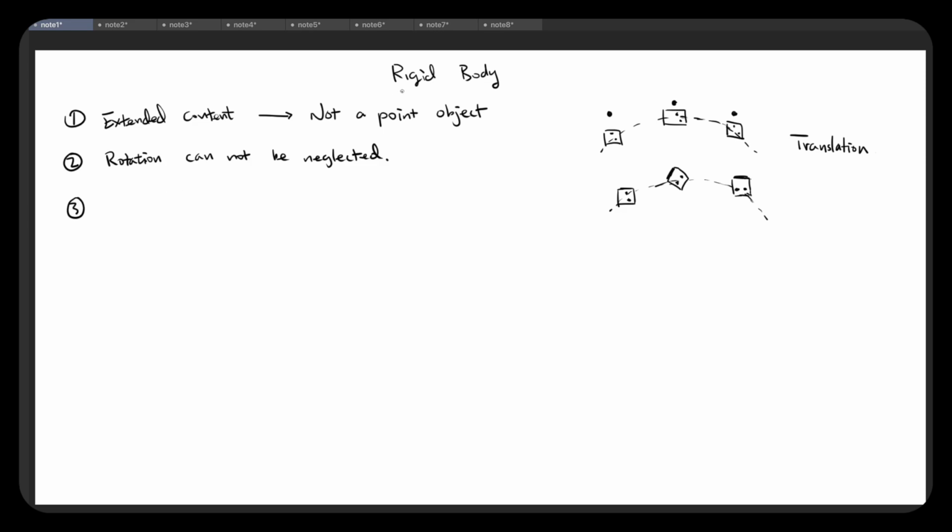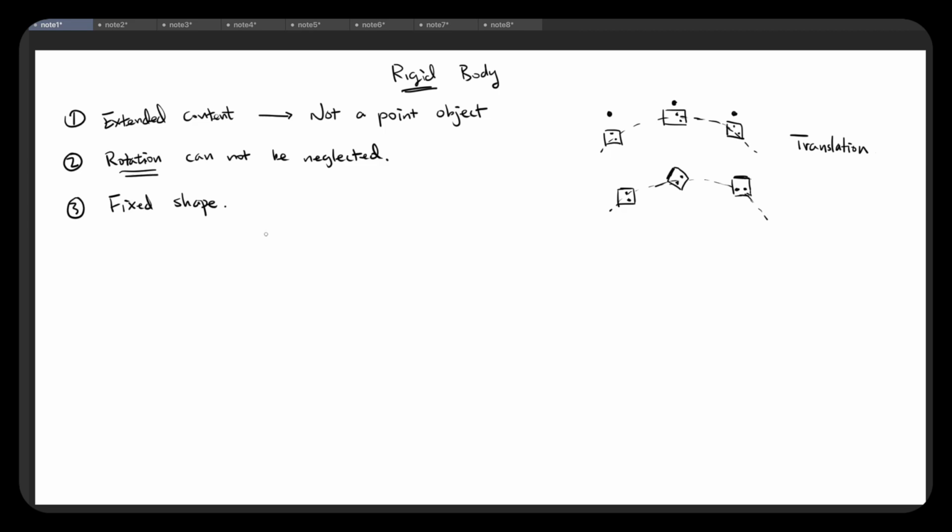Now, the third property of rigid body is that, since the name, rigid body, its shape cannot be changed. So it has a fixed shape. Now, why is this important? The reason is related to the rotation.